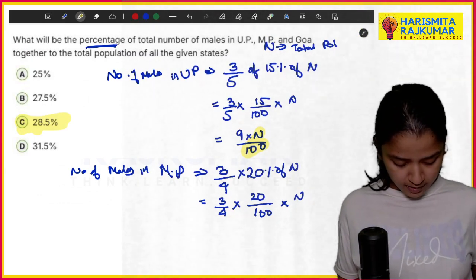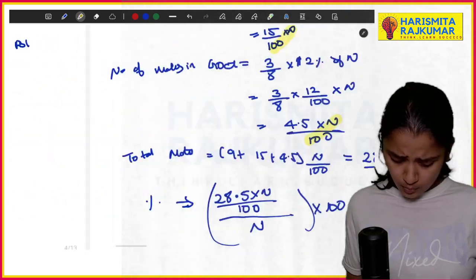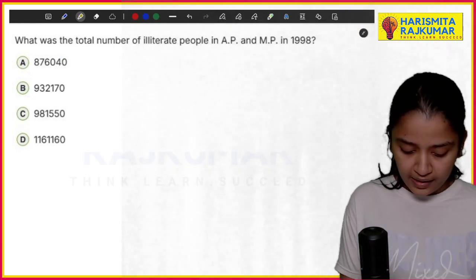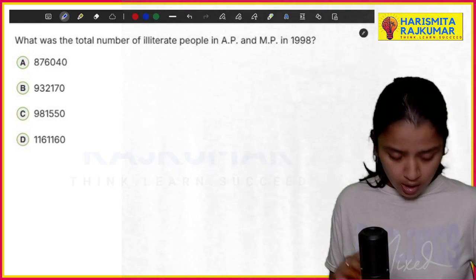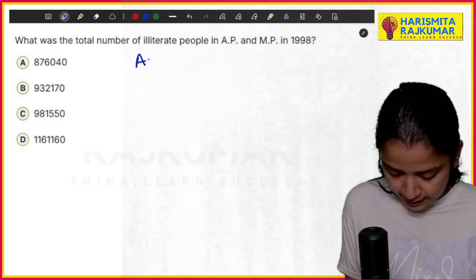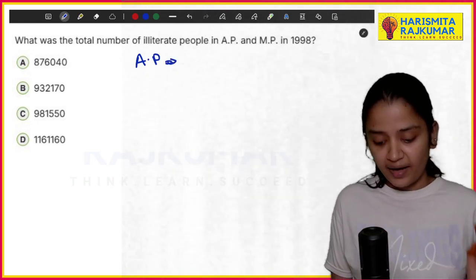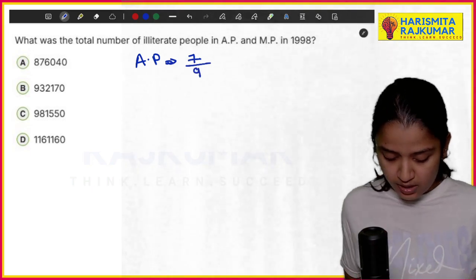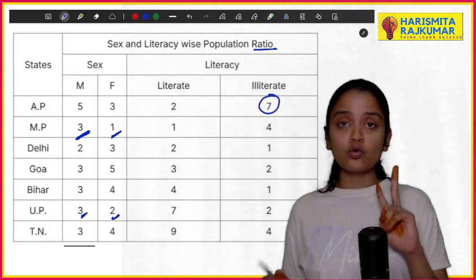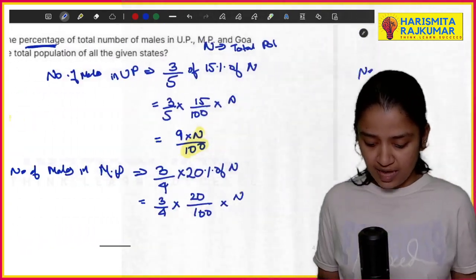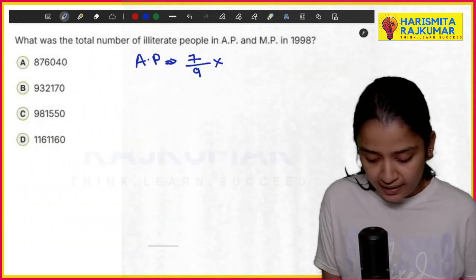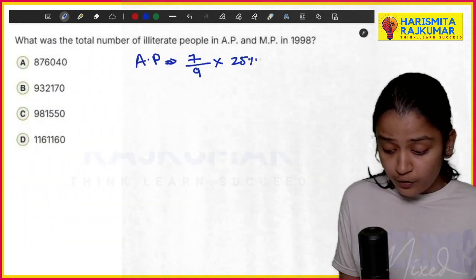Now let us go to the next question: total number of illiterate in AP and MP. The same way, you have to calculate the ratio. AP illiterate will be 7 by 9. How 7 by 9? You have 7 illiterate and 2 literate, so total is 9. So 7 by 9 into the population, which is 25% of the total number.